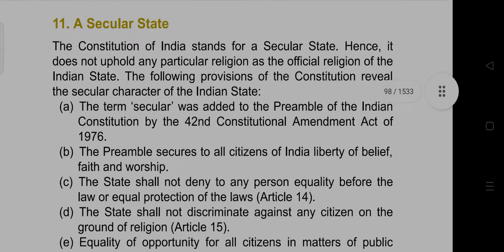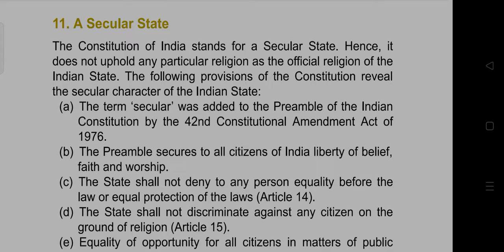Eleventh, a secular state. The Constitution of India stands for the secular state, hence it does not uphold any particular religion as the official religion of the Indian state. The following provisions of the Constitution reveal the secular character of the Indian state. A. The term secular was added to the preamble of the Indian Constitution by the 42nd Constitutional Amendment Act of 1976.